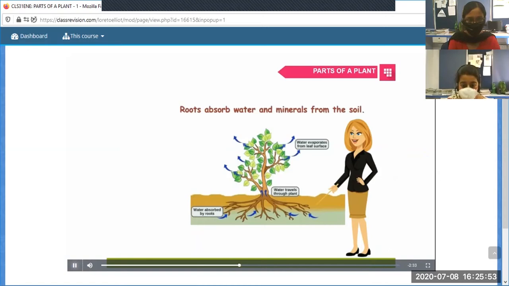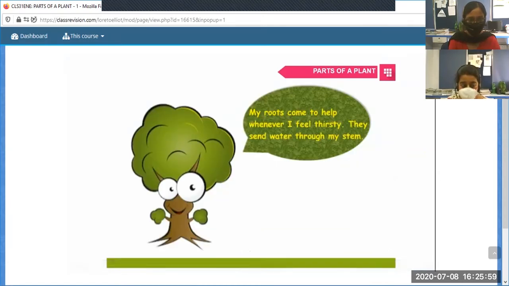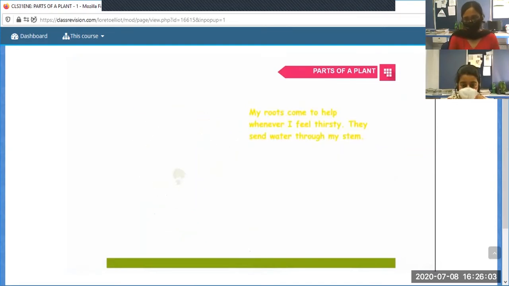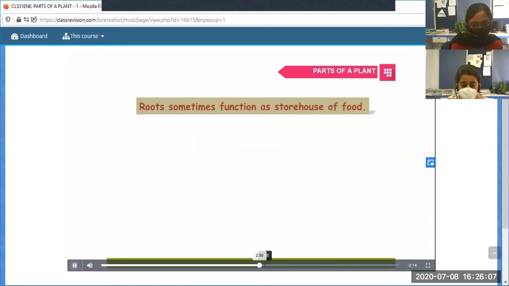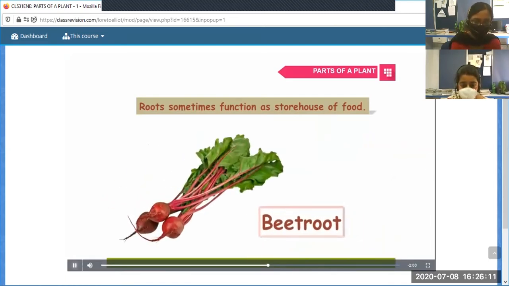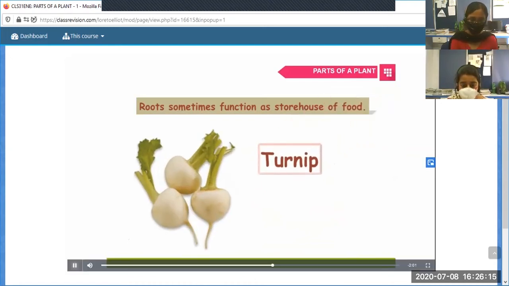Roots absorb water from the soil. Whenever I feel thirsty, they send water through my stem. Roots sometimes function as storehouse of food. Radish, beetroot, and turnip are such roots.